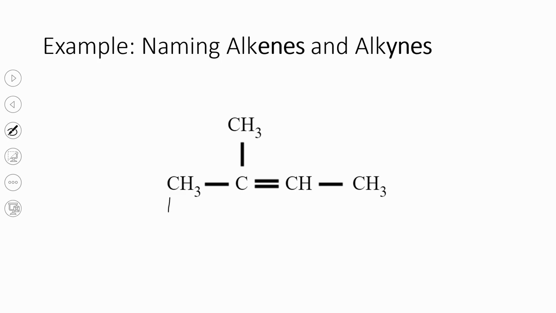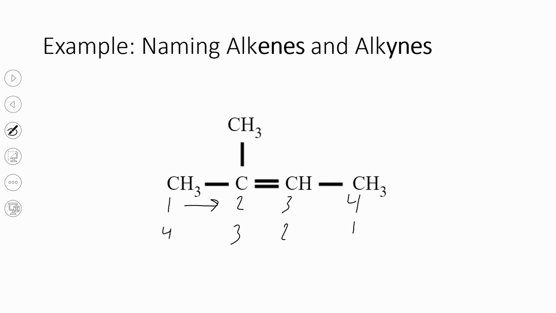Because if I count it this way, 1, 2, 3, 4, then I have a double bond at 2, and I also have that methyl group at 2. If I count it the other way, 1, 2, 3, 4, then I have the double bond at 2, but I have the methyl group at 3. So it's probably better to go this way to reduce our side chain and keep our double bond at the lowest number.